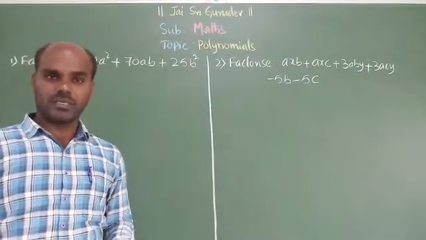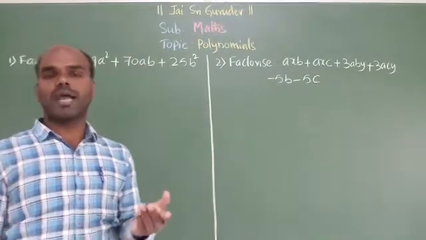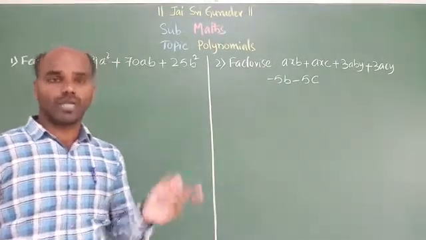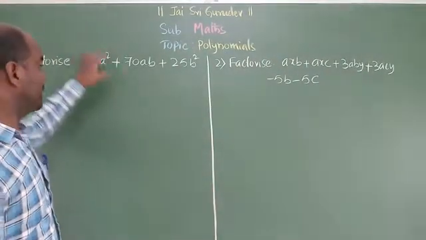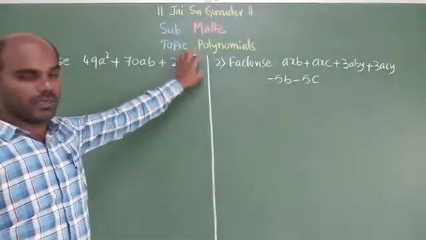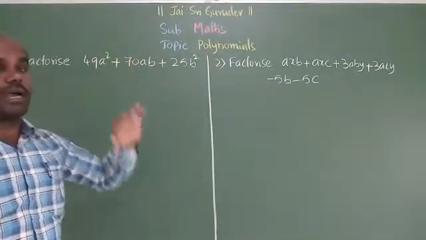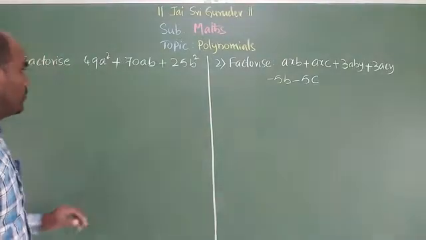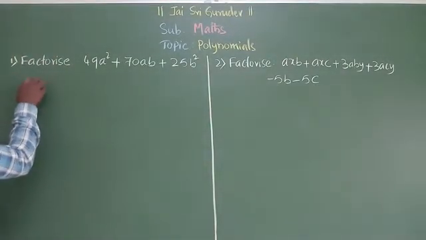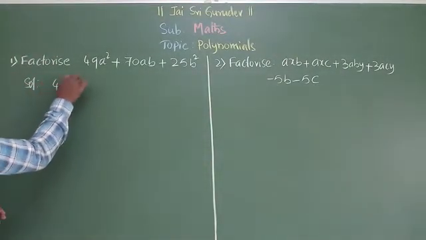We have to identify the value of a and the value of b, and the middle term should be arranged as 2ab. Understood?